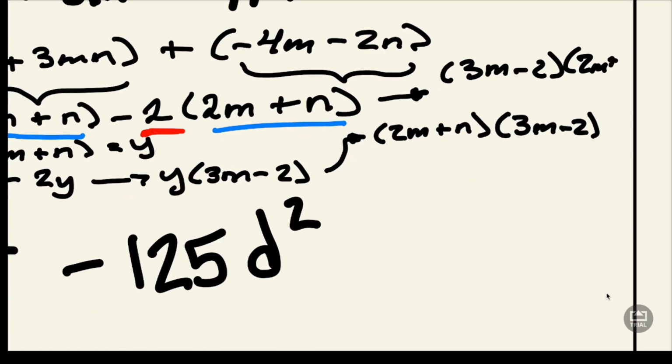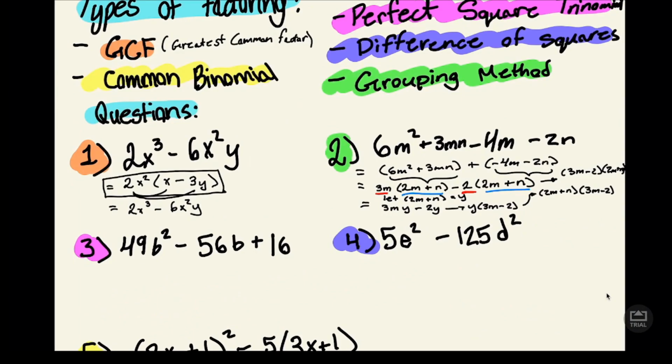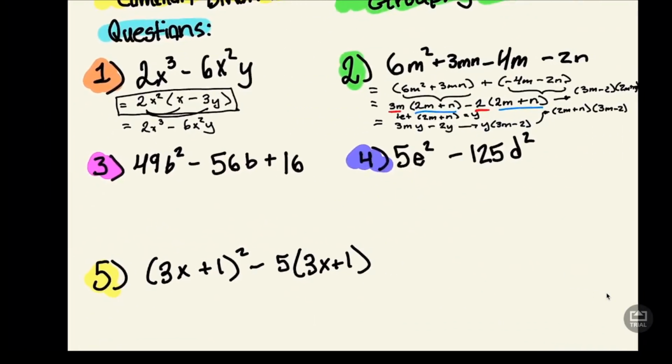You can just automatically go to that, and that's your simplified form. And again, it does not matter which bracket is first, the 2m plus n or the 3m minus 2, because when you multiply it out, you still get the same answer. And that's grouping by factoring. That's the grouping method.